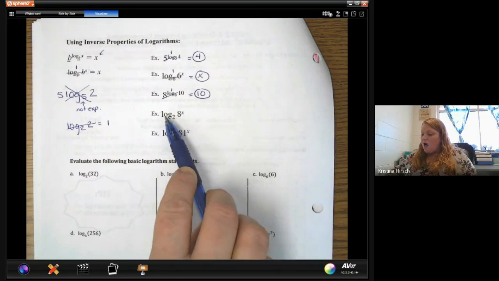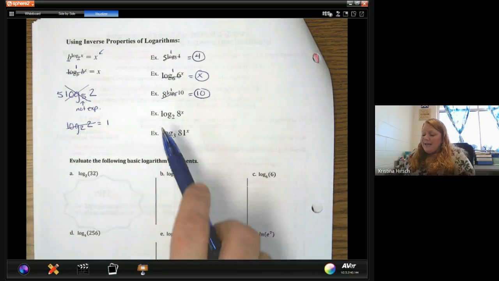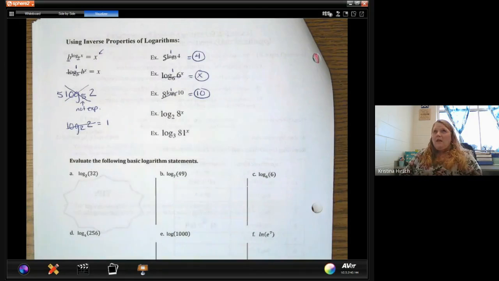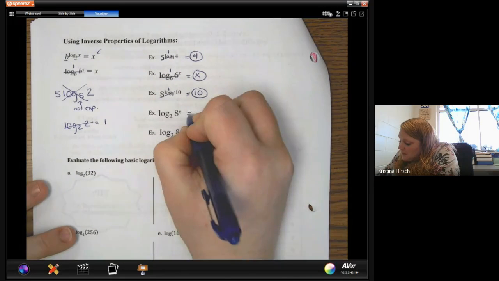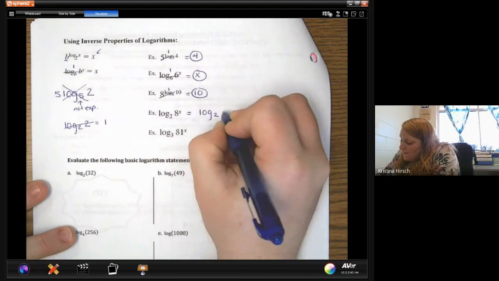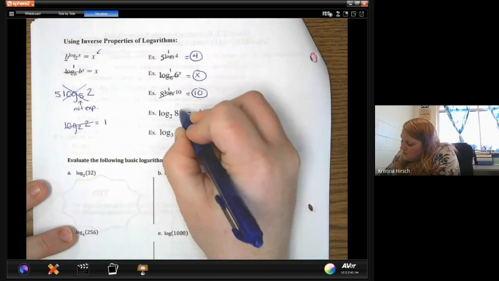Why? Because if it was log base 2 of 2, that would cancel and become 1, right? But that's not the case. So then we got to think, what can I do to 8? Can I do something to 8 to make it a 2 with an exponent? Yes. What is 8? 8 is the same thing as 2 cubed. So I'm going to rewrite this problem as the log base 2 of 2 cubed to the x.